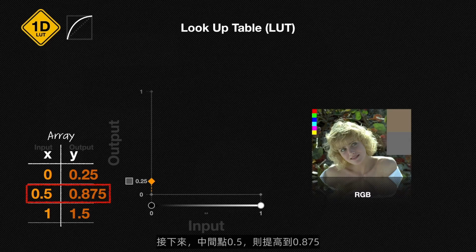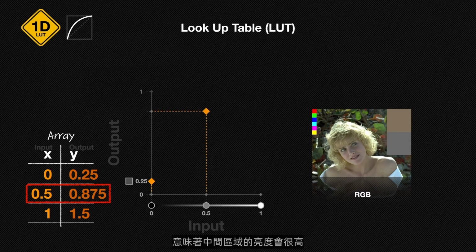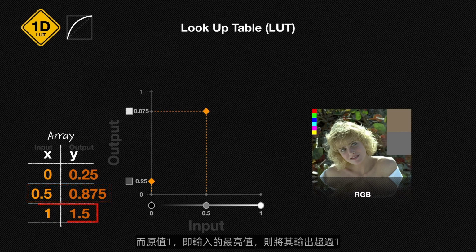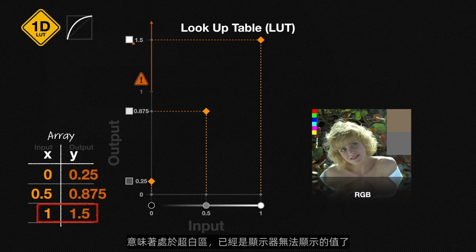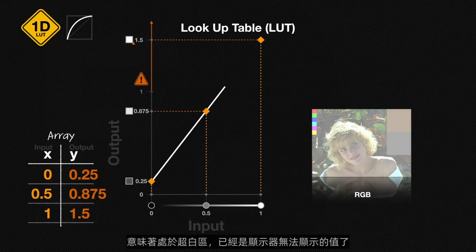Next, the midpoint, 0.5, is going up to 0.875, which means the mid areas of luminance are going to be very bright. And my original value 1, the brightest of my input, is going beyond the output value 1, exactly at value 1.5, meaning it is in the super white area.